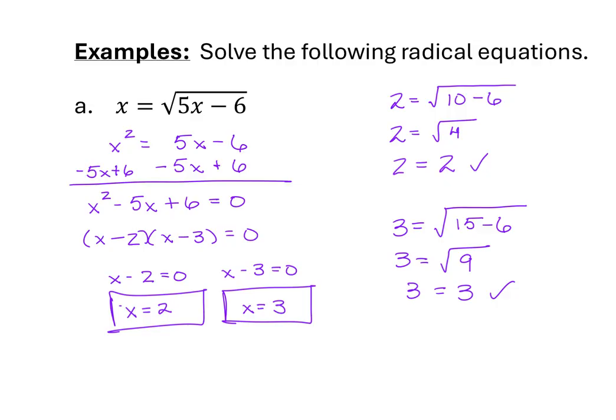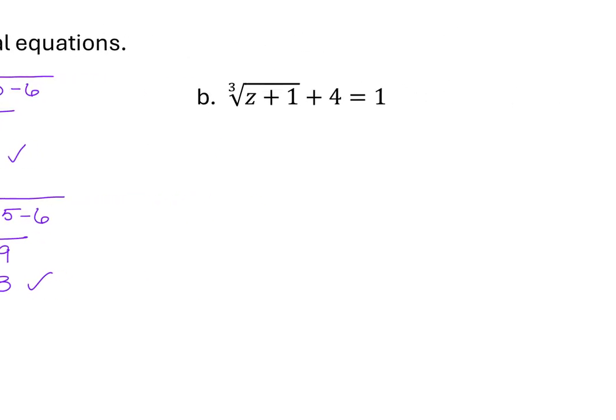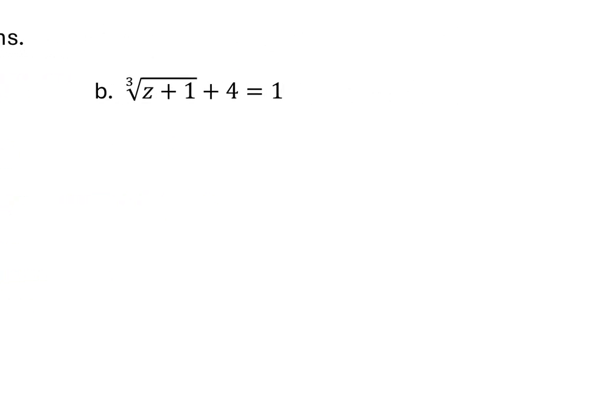All right, this is our first example, so now let's look at one more basic one. Let's come over to example B. Example B is going to be a cube root, but we still want to follow the same process. The first thing I want to do is isolate my root.